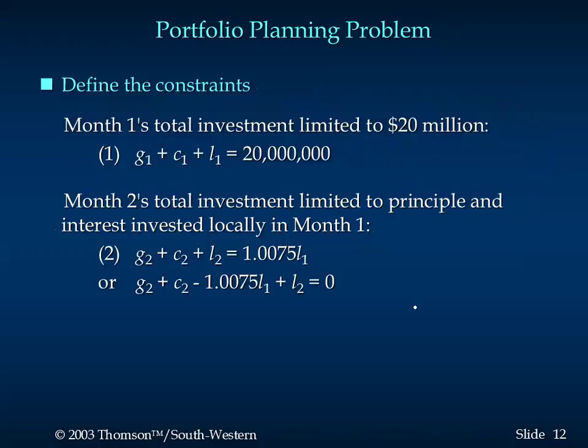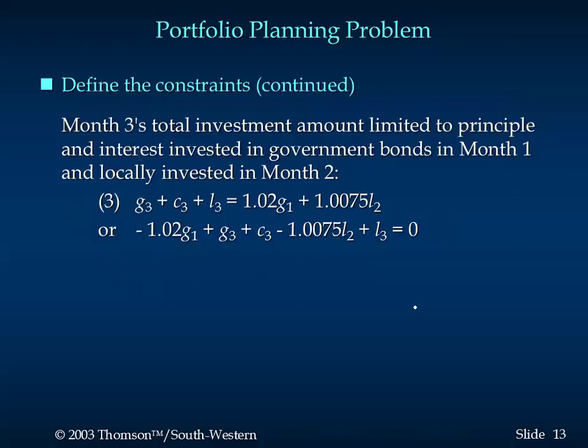The first month local loans give principal plus interest in the second month, which we can then invest again in G2, C2, L2. Now, from the third month onwards, the government bonds from the first month and the local loans from the second month have matured, and I can invest those.